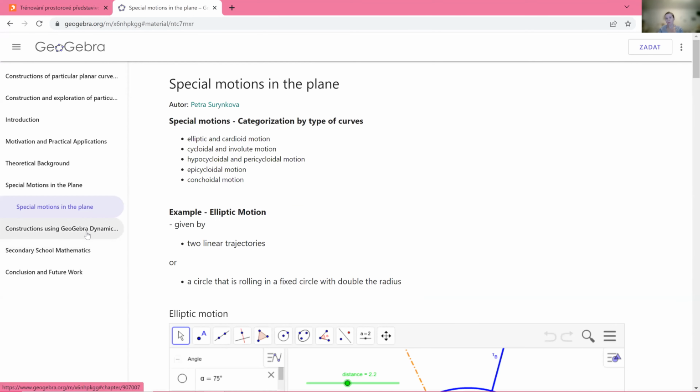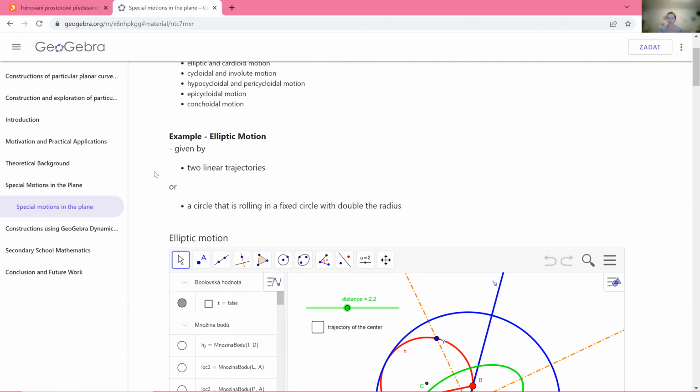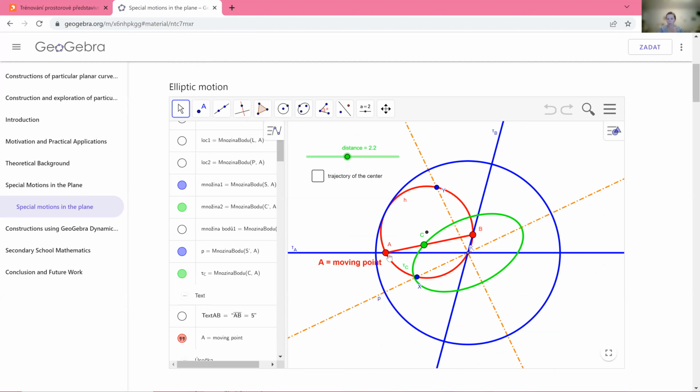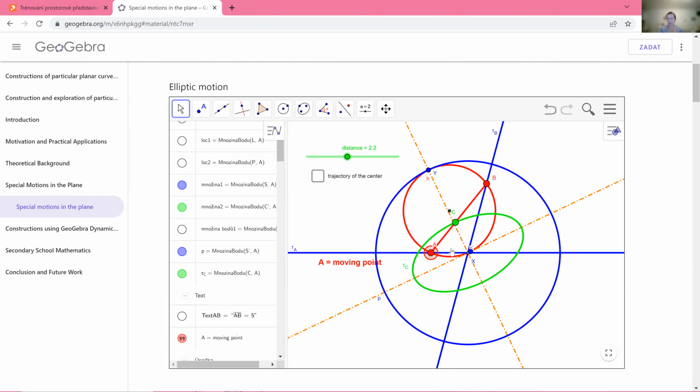And then we can talk about special motions in the plane, and GeoGebra really helps here a lot, because when I'm just drawing such examples by hand on the blackboard, I can never draw all positions. So here you can see, for example, elliptic motion. Again, two lines are given as trajectories, and we can see what is going on here.